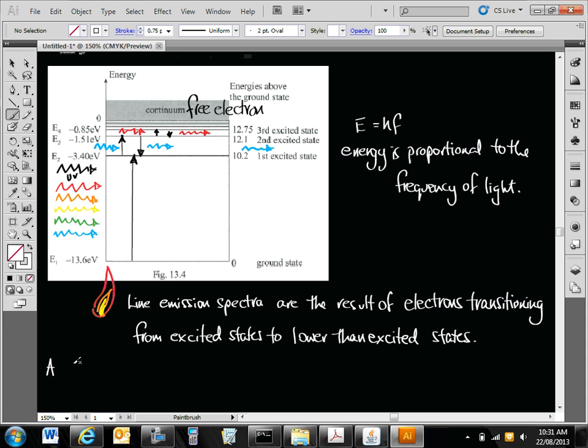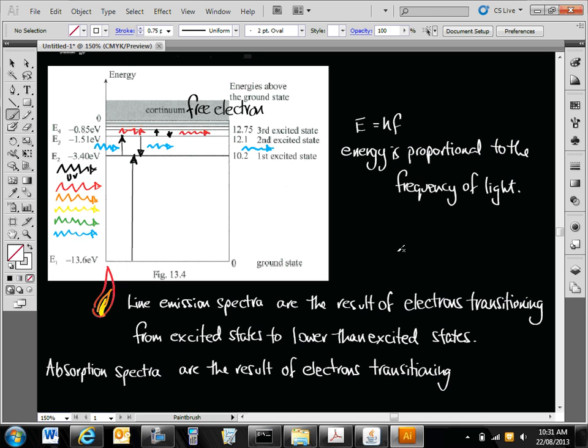Absorption spectra are the result of electrons transitioning, and we call these transitions.